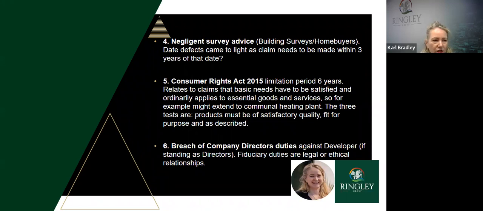We're all desperately hoping that Michael Gove will do the right thing. And the industry is desperately lacking what was proposed some years ago, which is a new homes ombudsman.